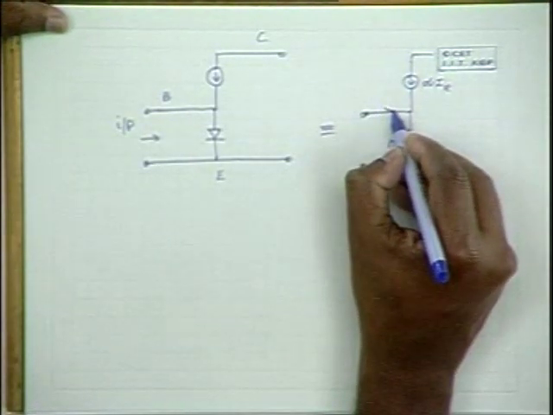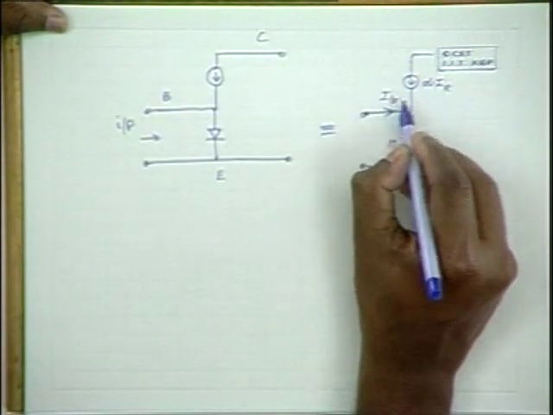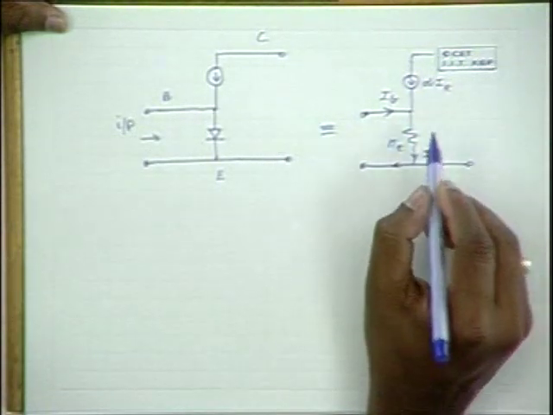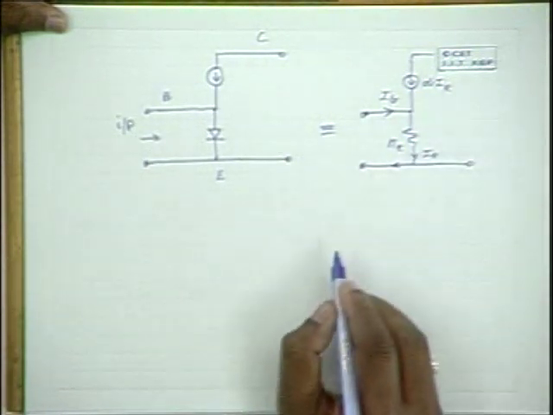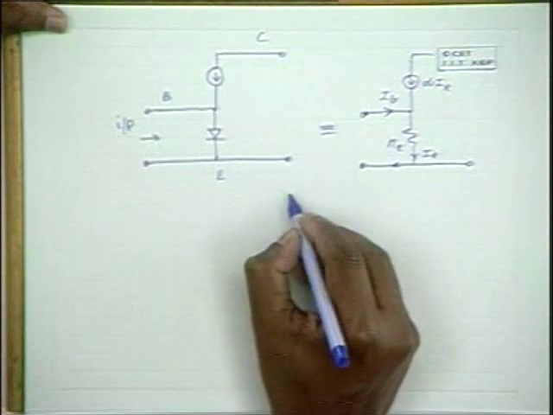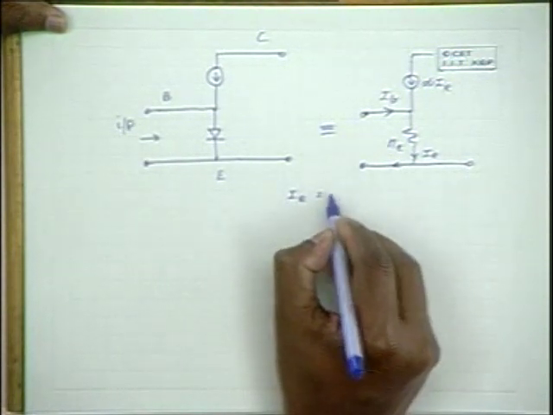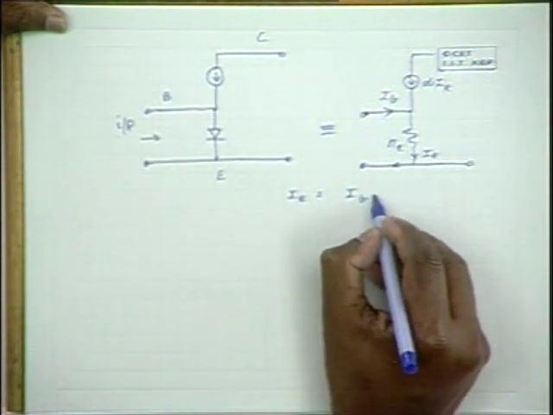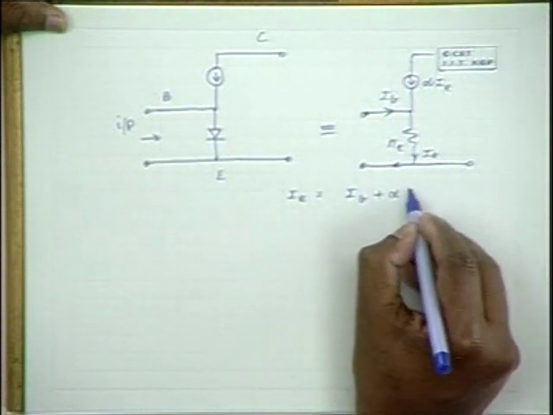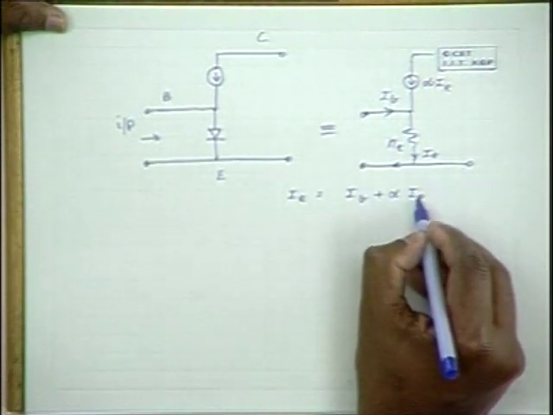Now when this is IB and this is alpha IE, IE is equal to IB plus alpha IE.